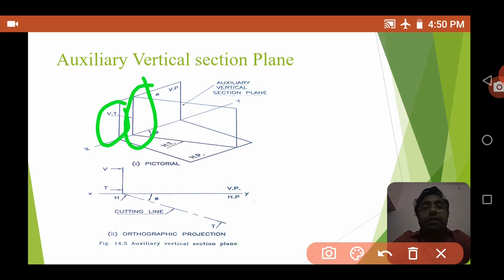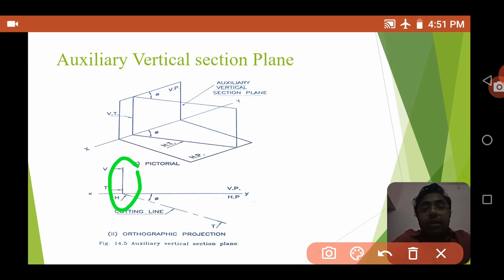Here you can see this is the vertical trace. In the orthographic projection, which is from the top view, this is the vertical trace, and you can see the angle made with the vertical plane, and this is the cutting line. Okay, so that is all about the different types of section planes.